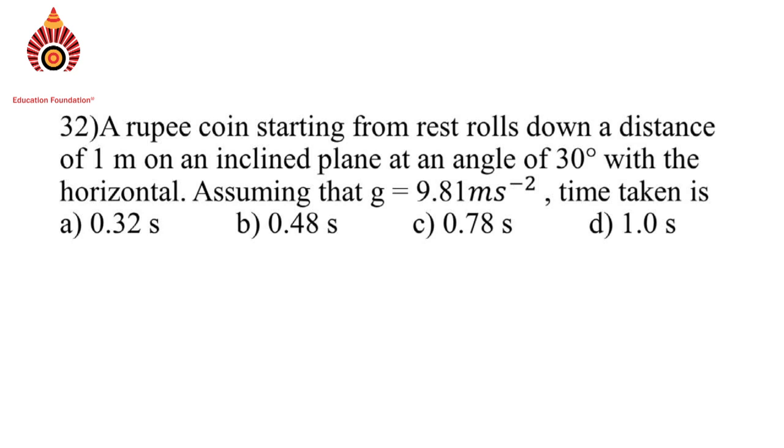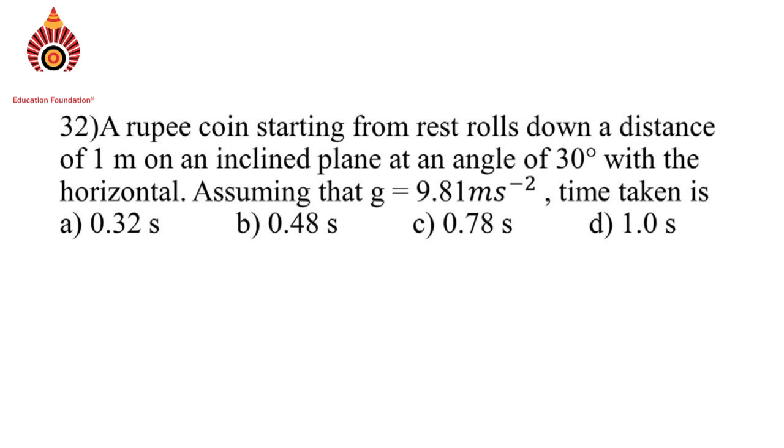Consider an inclined plane with angle of inclination theta equal to 30 degrees. A coin is a circular disc, rolling. How much time does it take to reach the bottommost portion of the inclined plane? Here there is a formula to find the time taken.